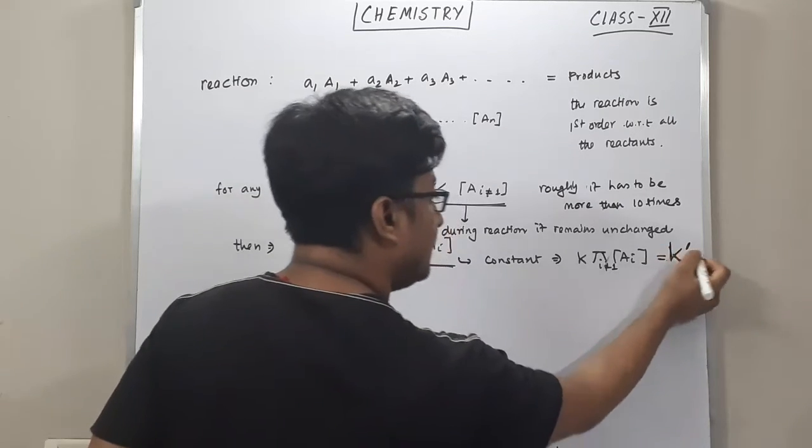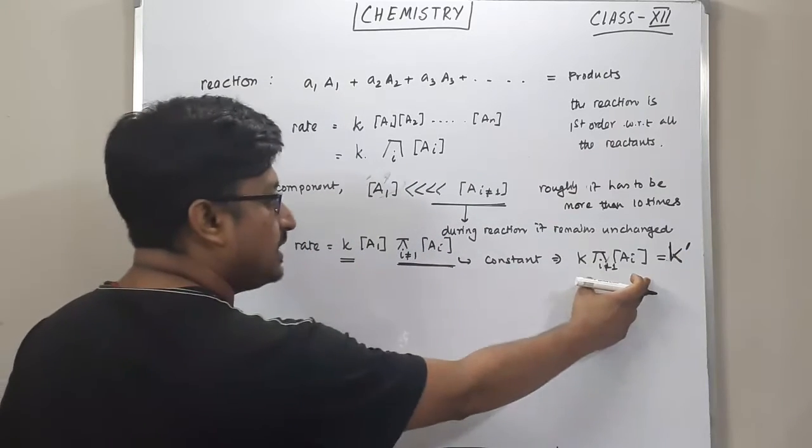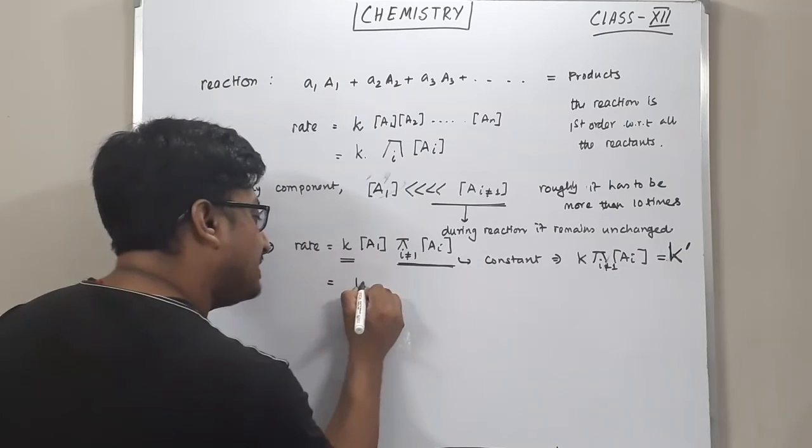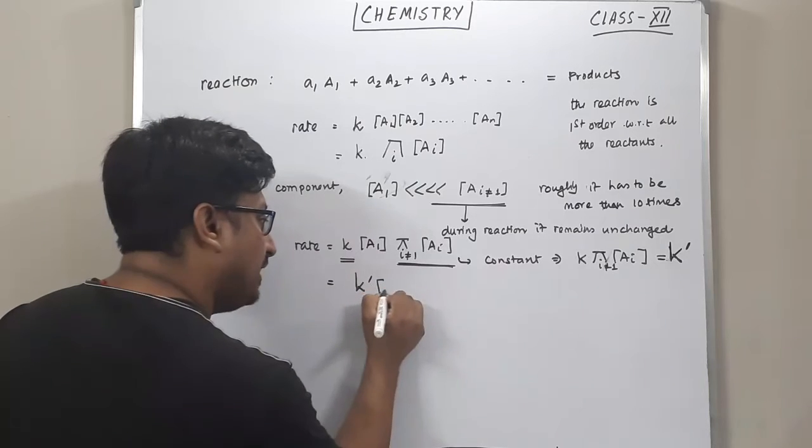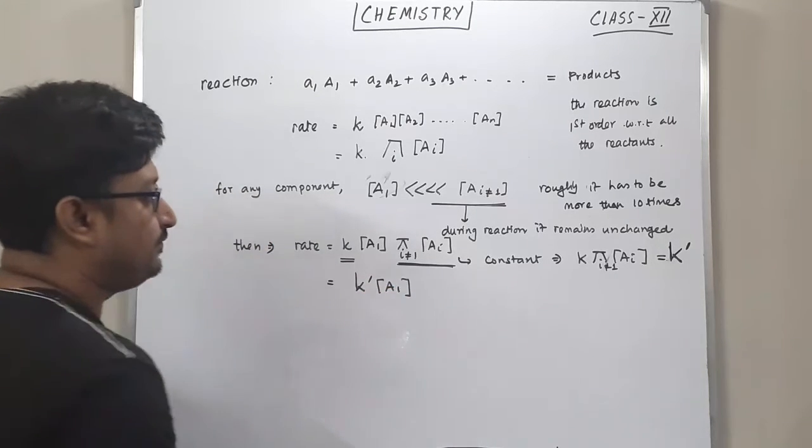So we can write the rate as K prime multiplied by the concentration of A1.